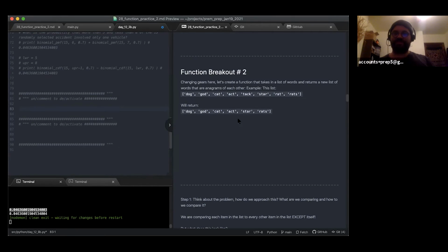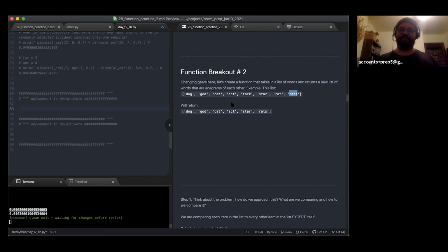So let's create a function that takes a list of words and returns a new list of words that are anagrams of each other. For example: dog, god, cat, act, tack, star, rat, rats.